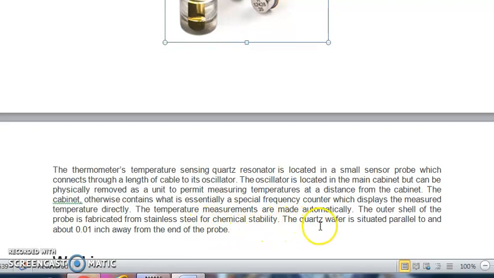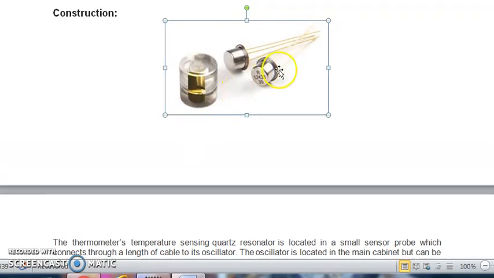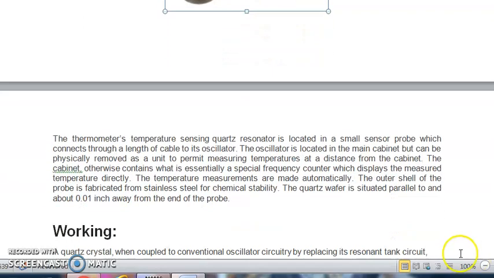The quartz wafer is situated parallel to and about 0.01 inch away from the end of the probe. You can watch in the diagram. In this diagram, you can see the sensing probe is away from the connecting lead by what looks like 1 inch, but it is actually 0.01 inch.